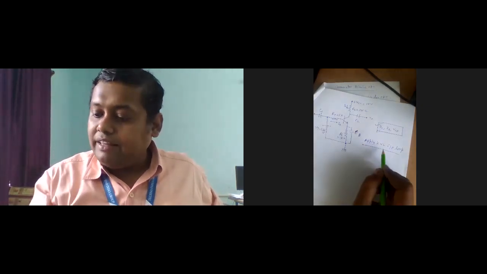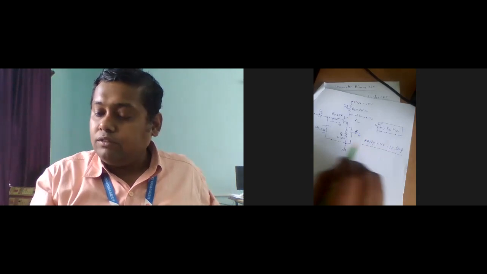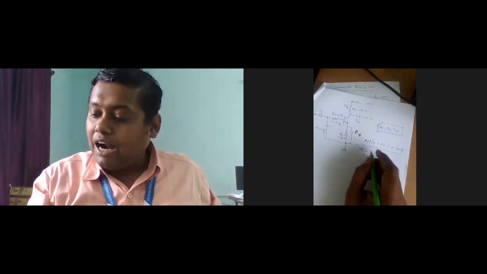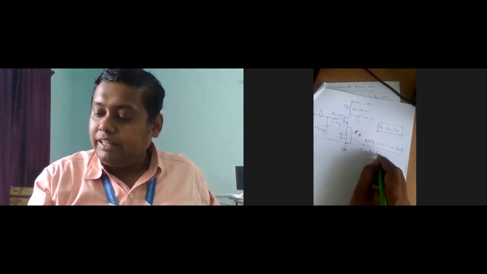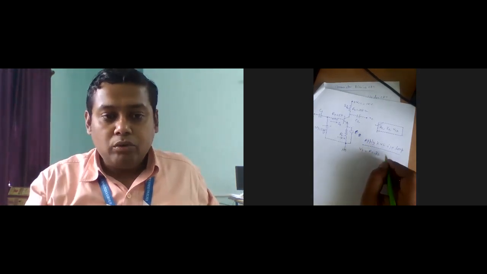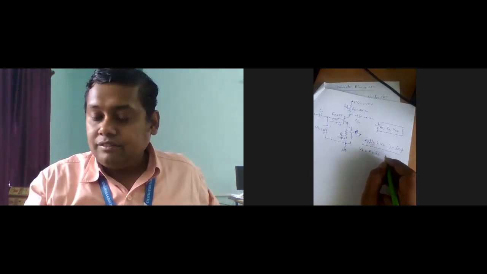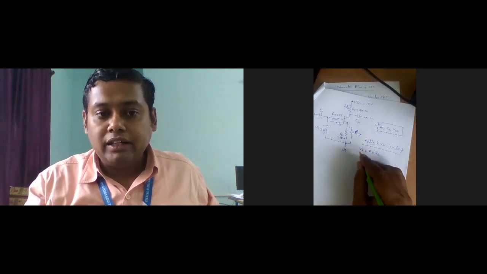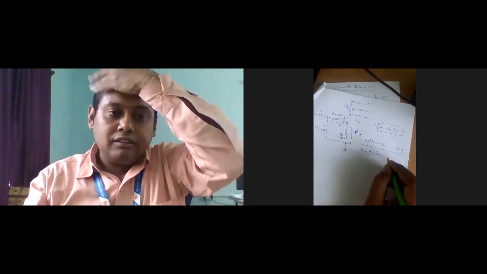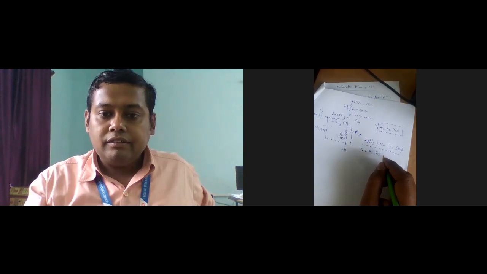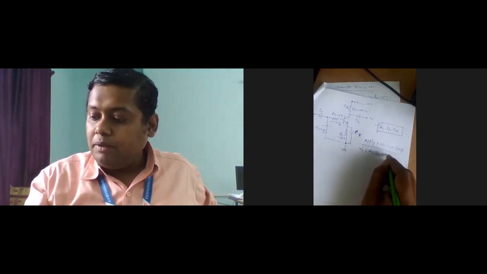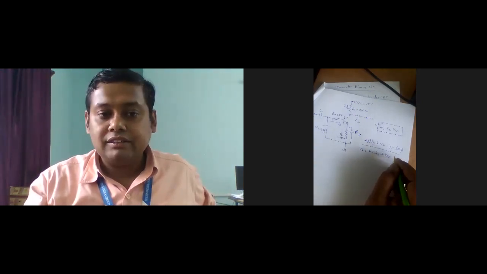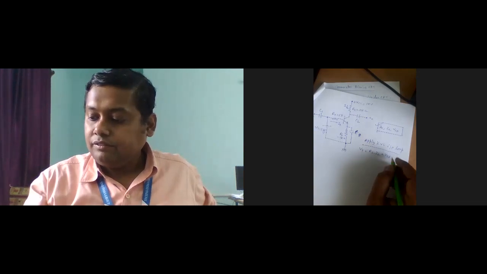So apply the KVL in the input loop. Then VT equal to RT into IB, next, plus VBE, next, plus IE into RE.